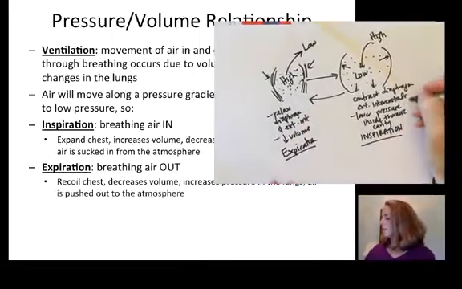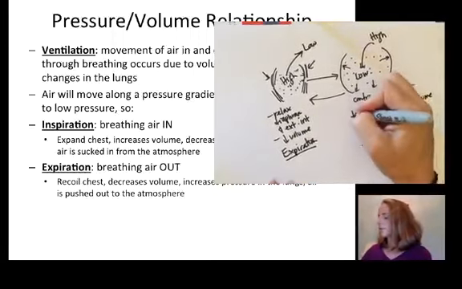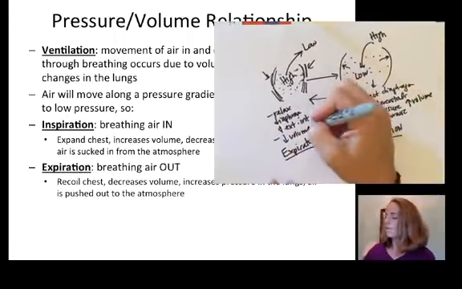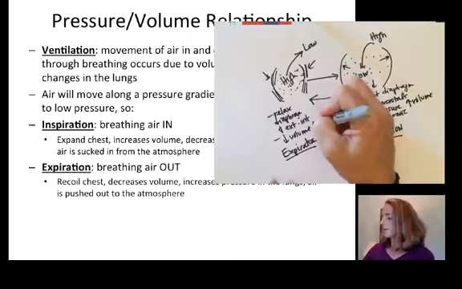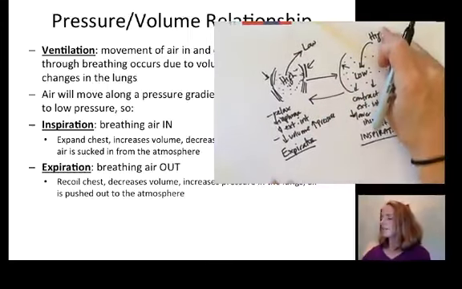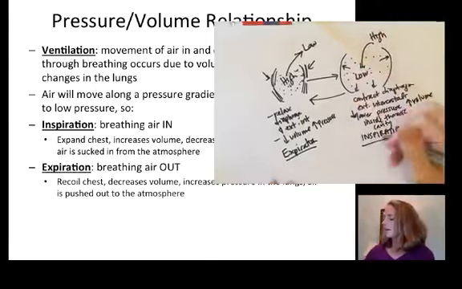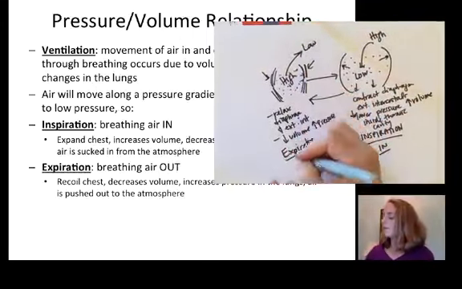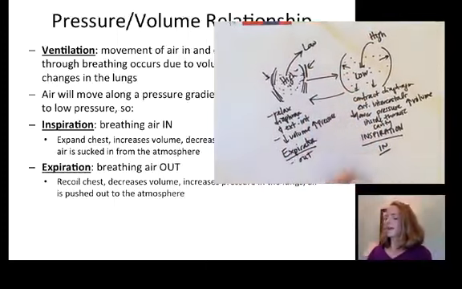So inspiration is increase in volume, decrease in pressure. Expiration is decreasing in volume, increasing in pressure. And those gradients cause the air to either move from high to low in the lungs during inspiration or from high to low out of the lungs during expiration.